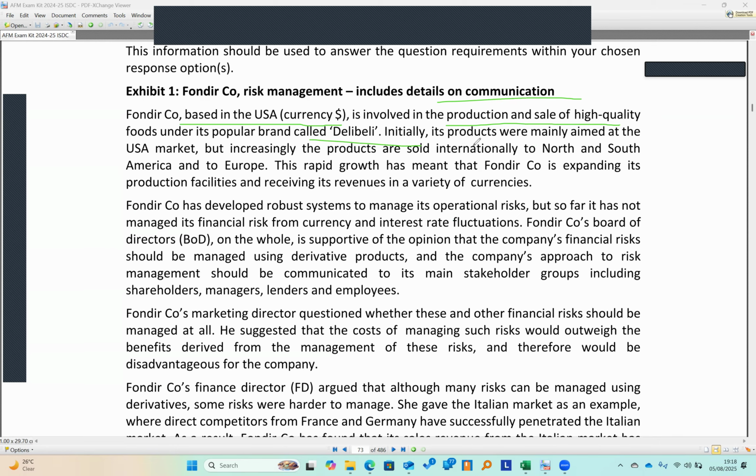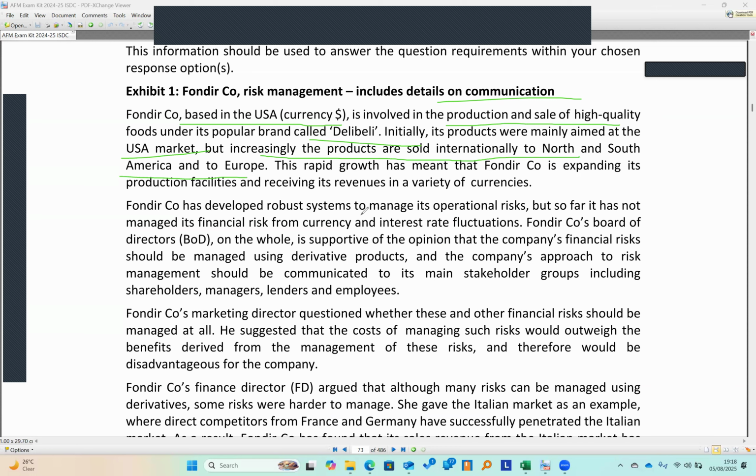Initially, the products were mainly aimed at the USA market, but increasingly the products are sold internationally to North and South America and Europe. So the rapid growth has meant that Fondir is expanding its production facilities and receiving its revenues in a variety of currencies.